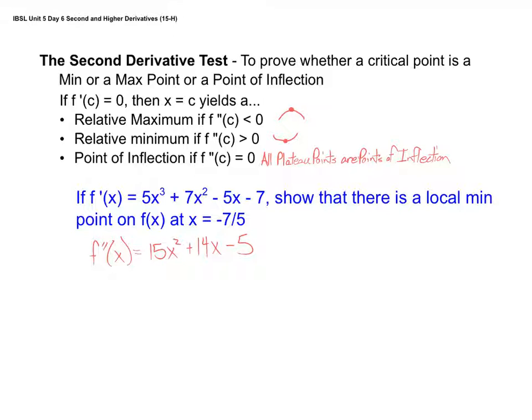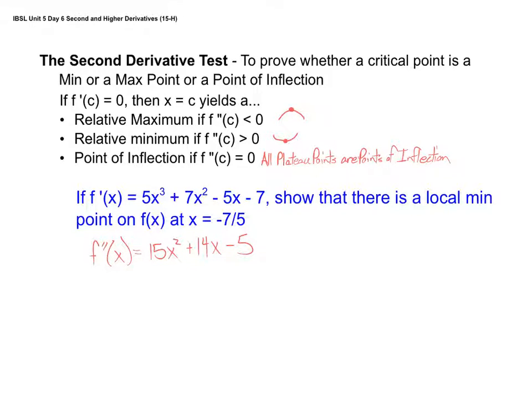Notice you were given f prime, not the original function, okay? So what do I have to do to show that there is a local min here? Set f prime of x equal to 0, and then f double prime of x has to be negative. Or positive. It would have to be positive, okay?